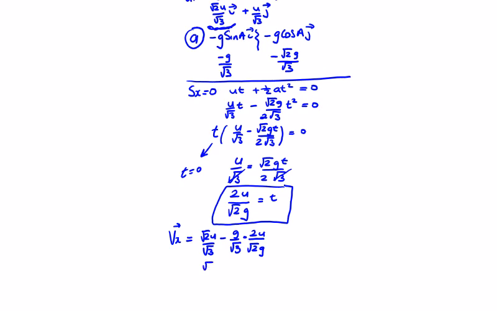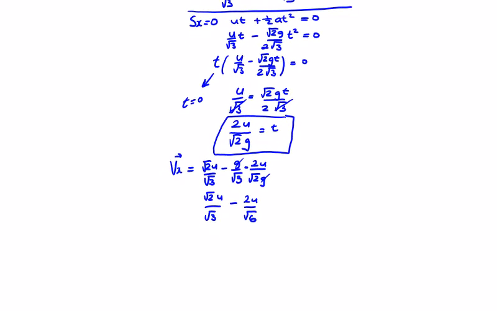So this is going to give root 2u over root 3 minus 2u over root 6. And we can simplify this as a simple fraction. Root 6 by root 2 is root 12, which is 2 root 3 u, and then minus 2 root 3 u, makes sense, all over square root of 18. So this is going to give me a 0 velocity in x.